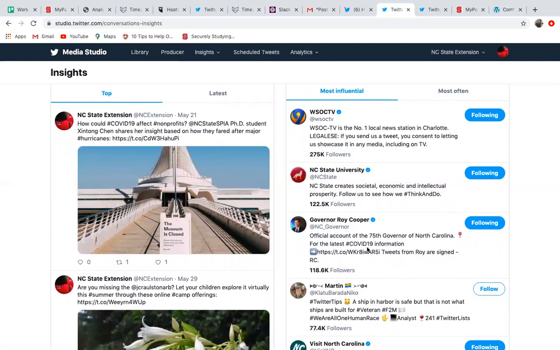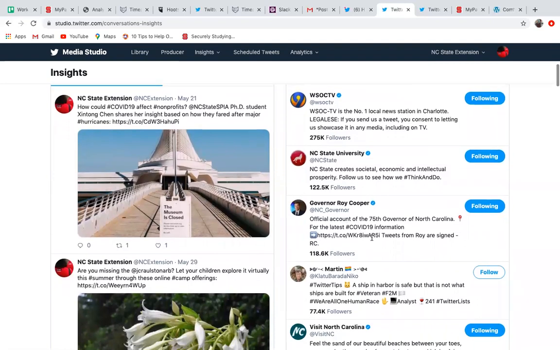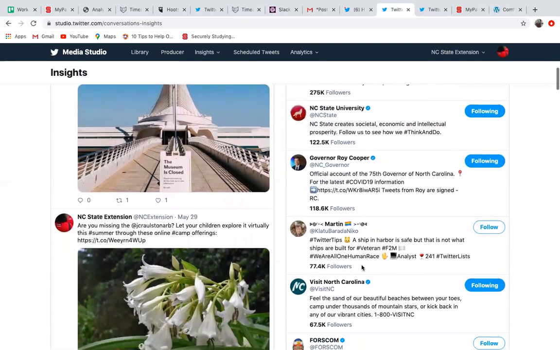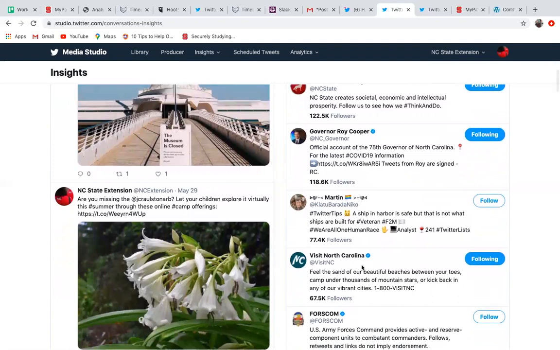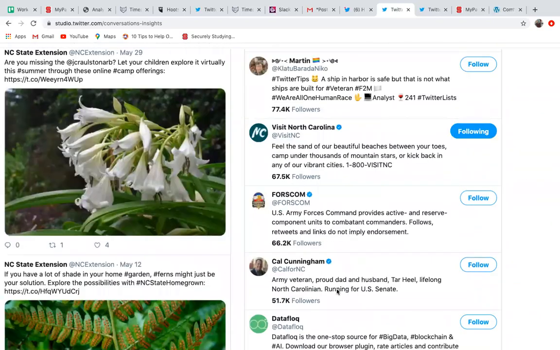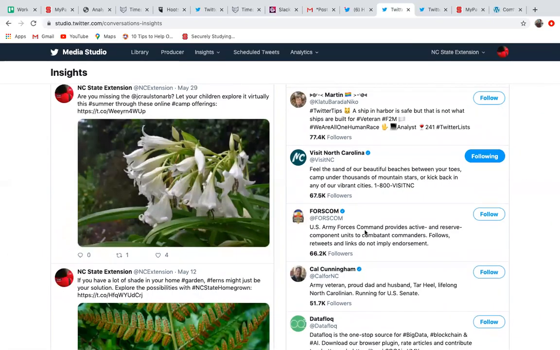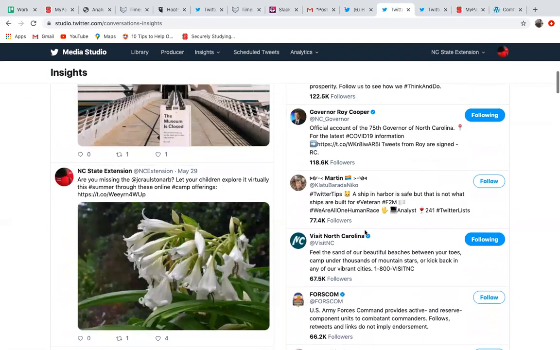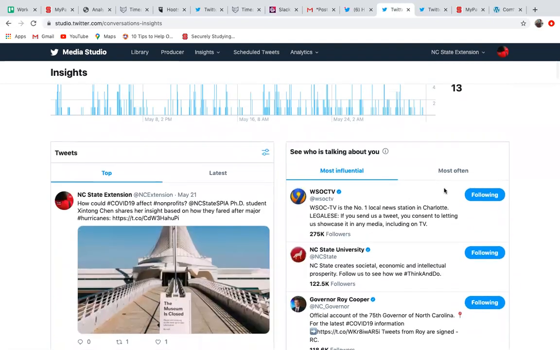So we were excited to see that tweet. You can go through here and see if anything catches your eye. Maybe give them a follow if you're not already following them, and they might follow you back. Then you can potentially increase the number of impressions that your tweets are receiving based on these followers.